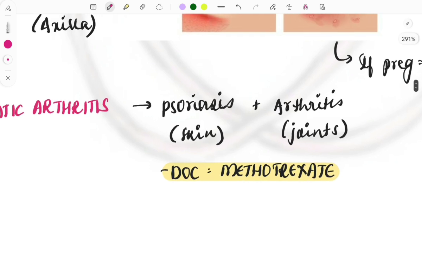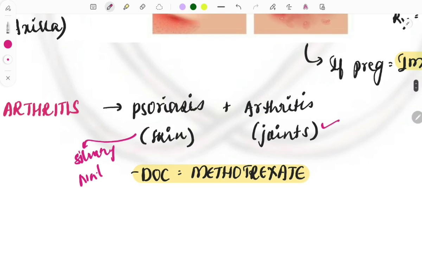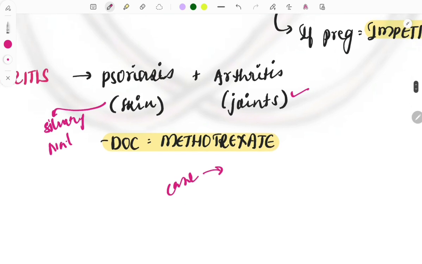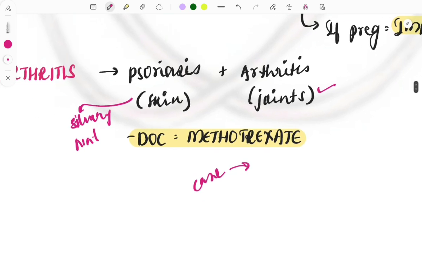Psoriasis means involvement of the skin, and we had already discussed that there are silvery white plaques, then they'll be describing the nail changes and all. And along with that, if they say involvement of the joints or arthritis, then it will be psoriatic arthritis. ठीक है, so question को break करना whenever you get these things in the question, right, clinical cases, so try to break the things and try to connect it with the MCQs, and then you'll be easily able to reach the diagnosis. मतलब कोई बड़ी बात है नहीं, ठीक है.